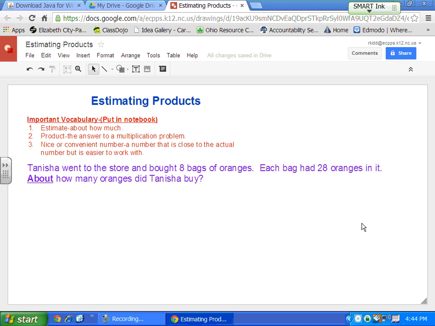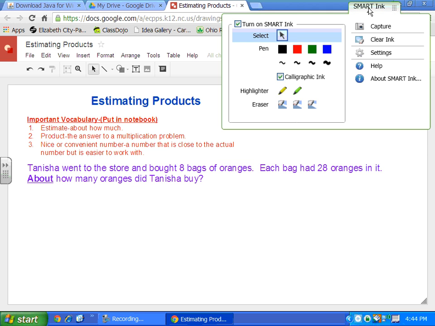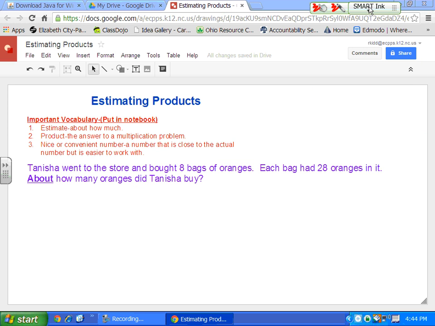First of all, there's some important vocabulary that you need to know. First, and I will put these in your notebook, an estimate. All that means is about how much.